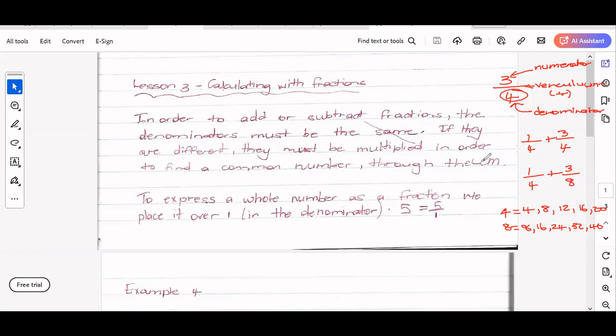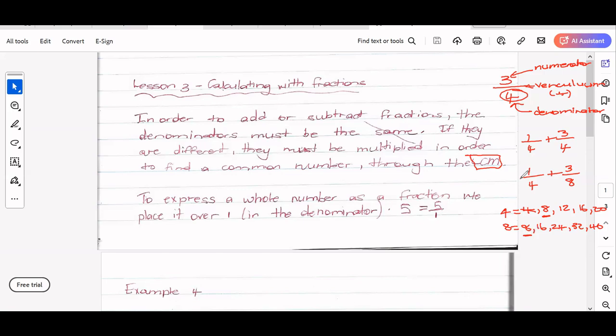Now, we are looking for the LCM, or the lowest common multiple. If we find a higher multiple, things will get a little more difficult. So we're looking for the lowest one, right? The second multiple of 4, which is 8, is the same as the first multiple of 8, which is 8. So the lowest common multiple between 4 and 8 is 8.